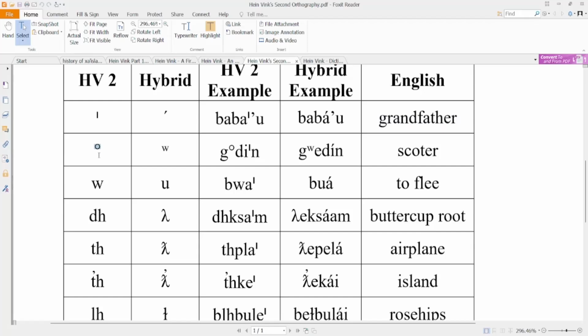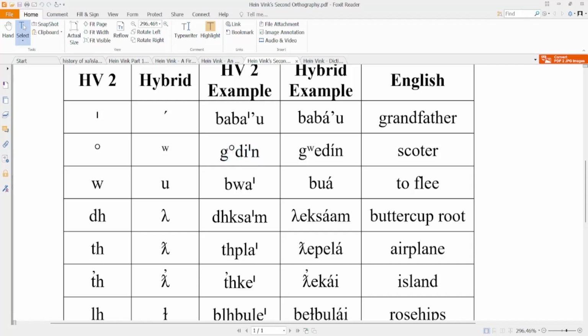The next symbol here is a small raised O, kind of like a degree symbol. When I see this, I know immediately that this is Hein Vink's second orthography. It's very distinguishable, very easily recognizable. But now it has been replaced by this small raised W. So we see here Gwadine.